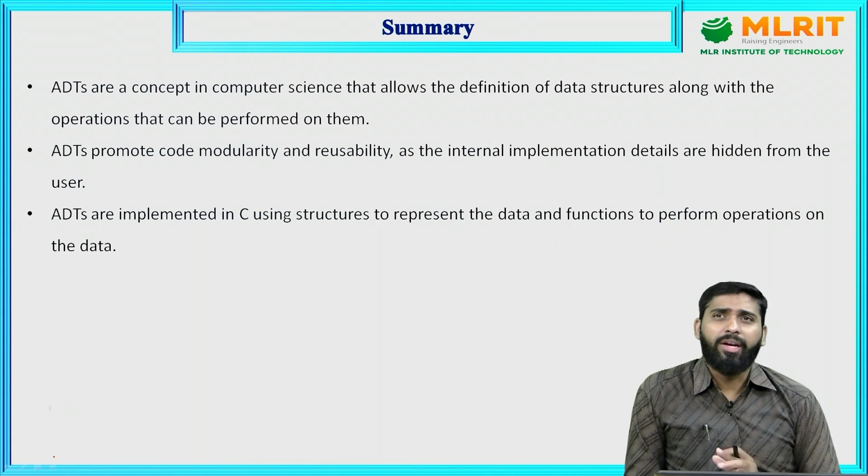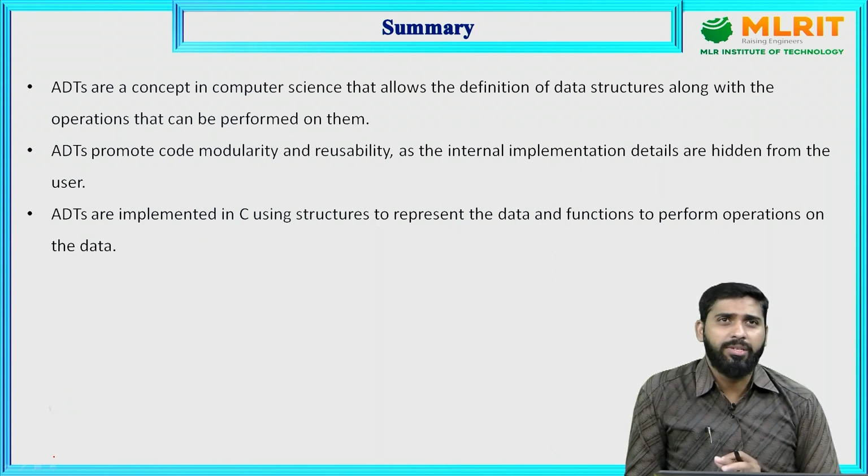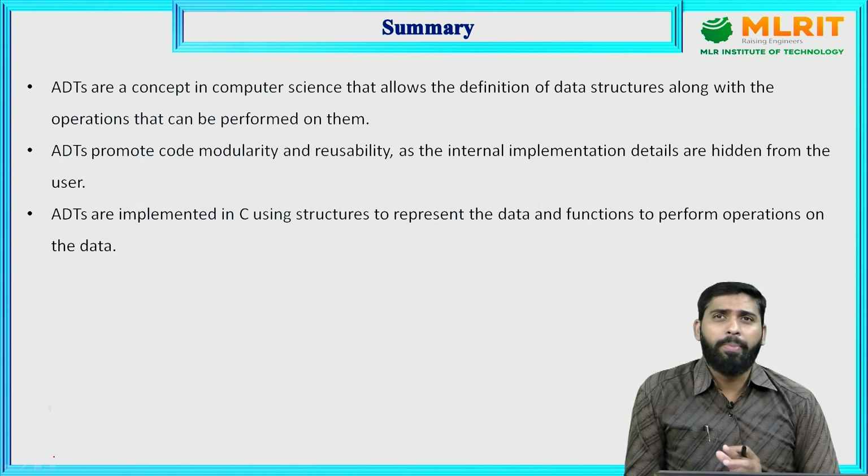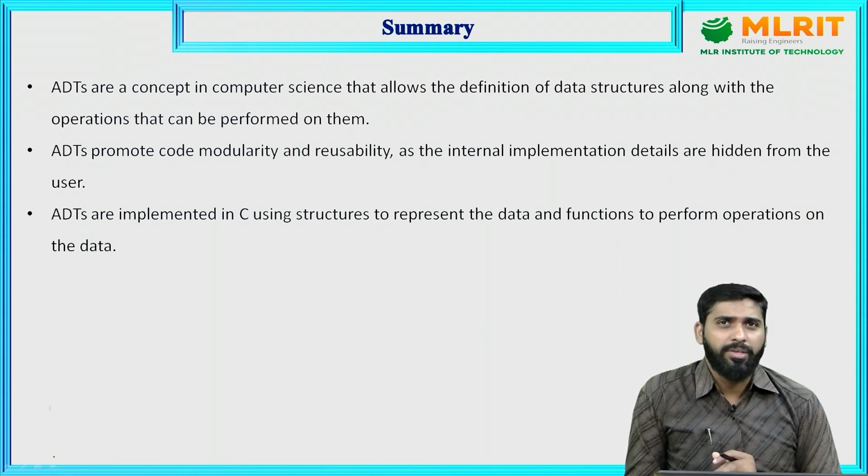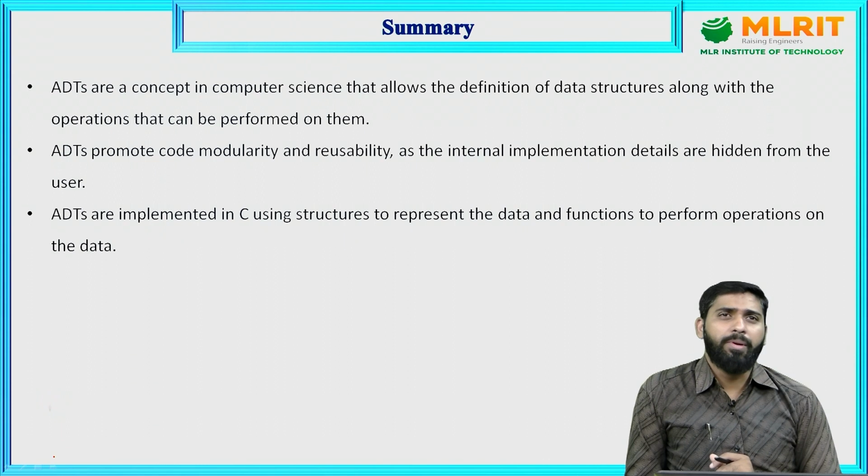ADTs are a concept in computer science that allows the definition of a data structure along with the operations that can be performed on it. Okay, in our previous program the date contains the data type and the operations. We are going to utilize the operations by using this ADT. So ADTs promote code modularity and reusability, as the internal implementation details are hidden from the user.